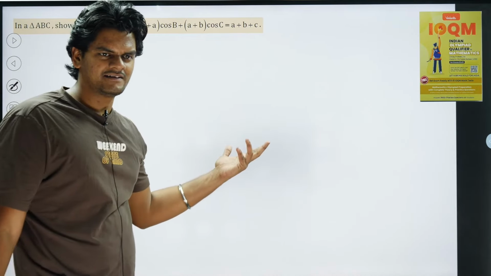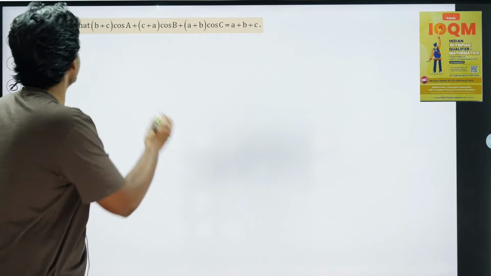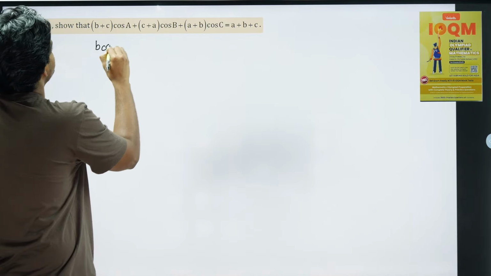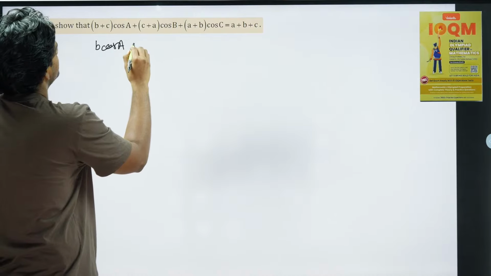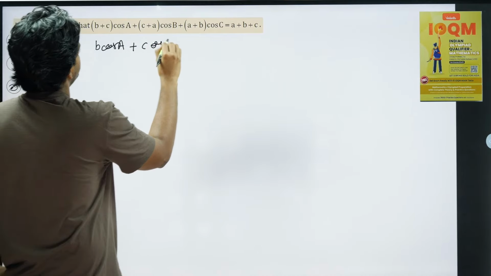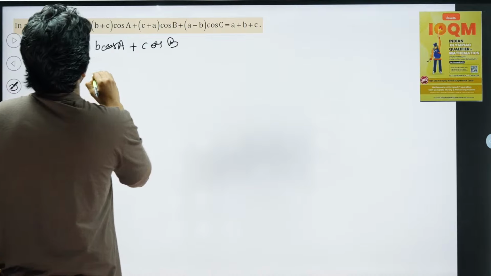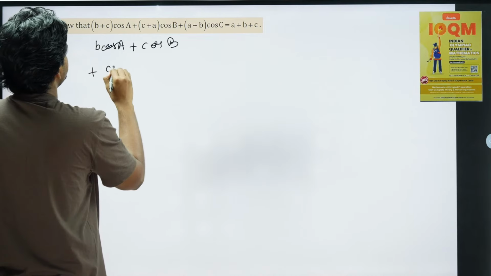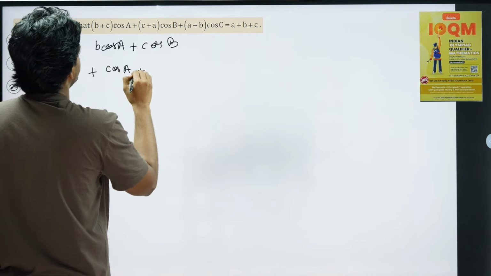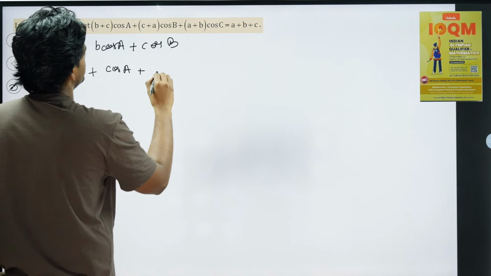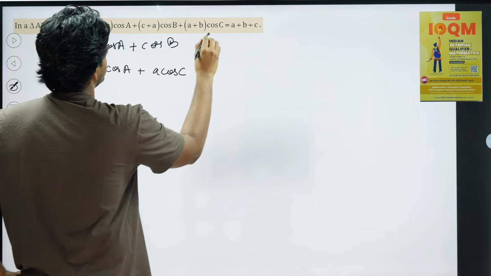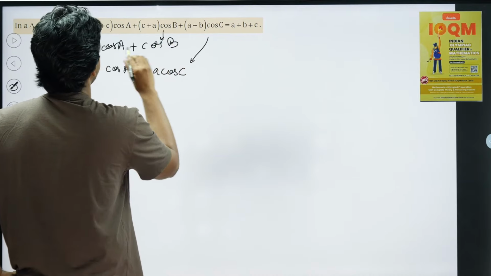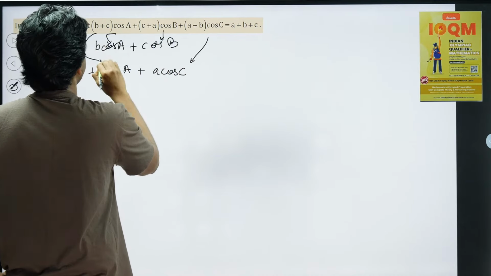This is also very easy, man. So b cos a plus c cos b, c cos a plus a cos c from here, b cos c from here. These two are from here.